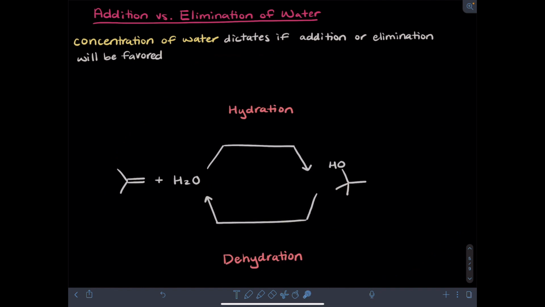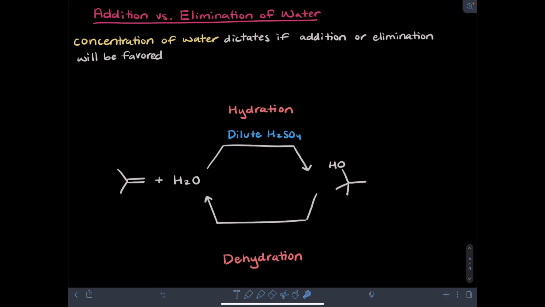The reaction of taking an alkene and adding water to it to form an alcohol product is known as hydration. And the process of starting out with an alcohol and making an alkene and water from it is known as dehydration instead.